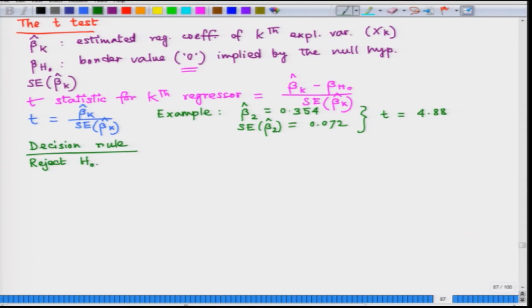So, this null hypothesis is basically associated with a two-sided test. As it is two-sided, we have to use the mod value of the test statistic t, and it has to be greater than the critical value of the t statistic. So, this is for the kth variable. So, let me put the superscript k here.